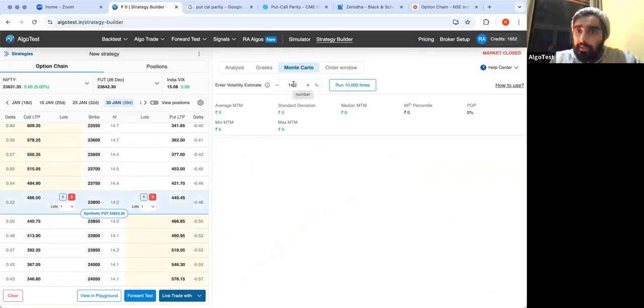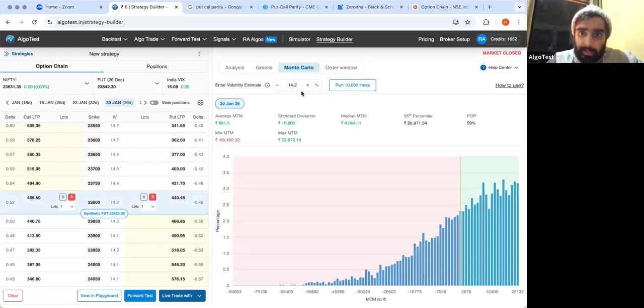I'm putting RV over here. The more Nifty whips around, the more the realized volatility is. The calmer Nifty stays, the lower realized volatility is going to be, right? So when IV and RV are approximately the same, you're going to break even.